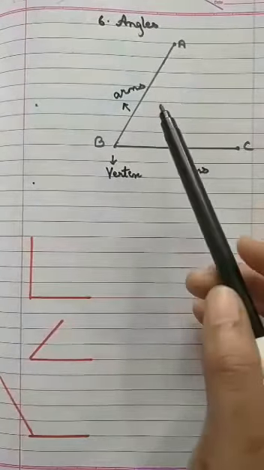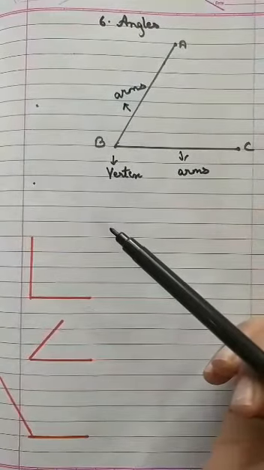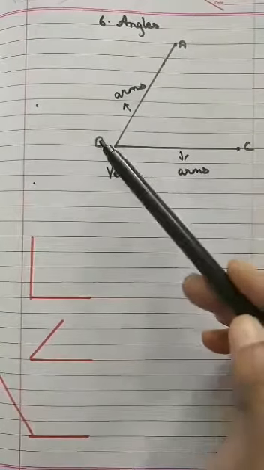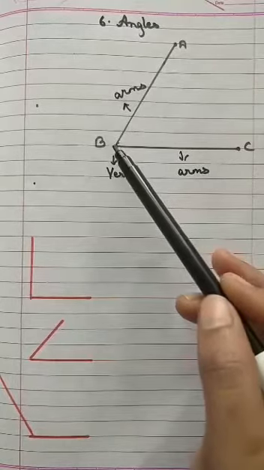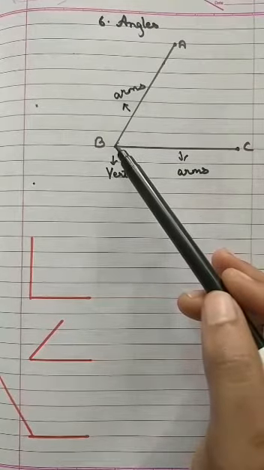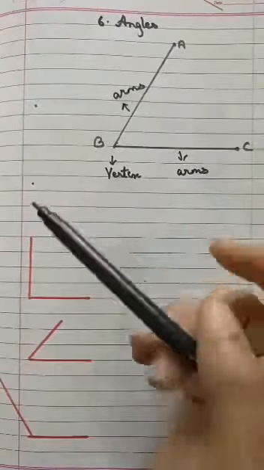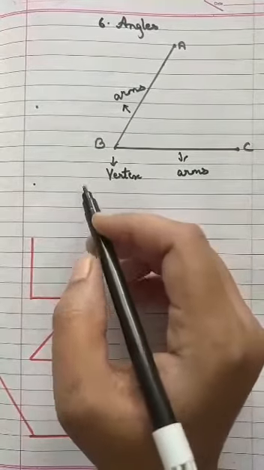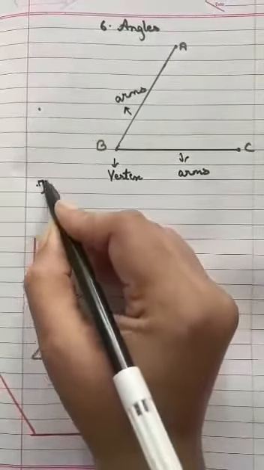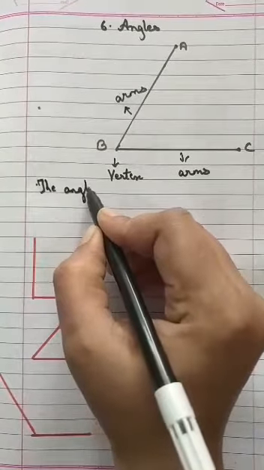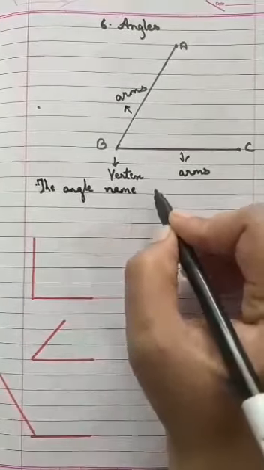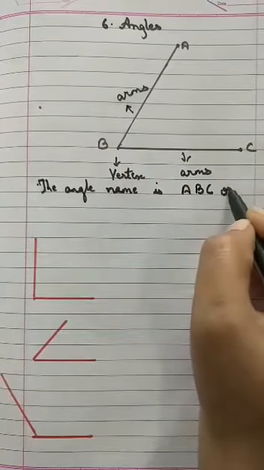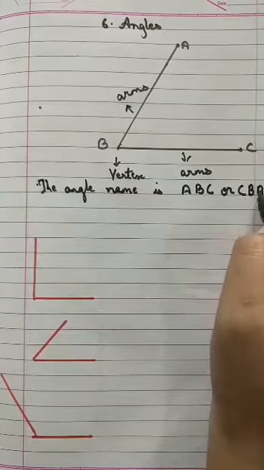So an angle is always written with three letters. Understood? An angle is named by three letters, that is A, B, C. The vertex always comes in the middle of the three letters. For example, this angle is ABC, so the angle name is ABC or CBA.